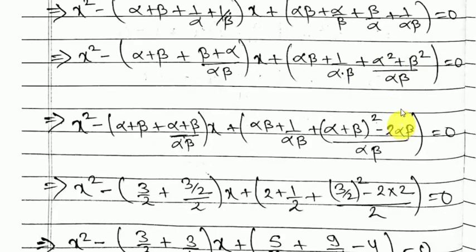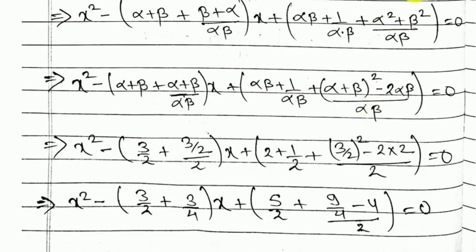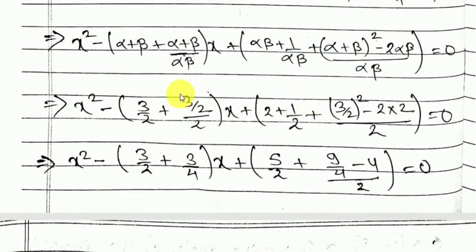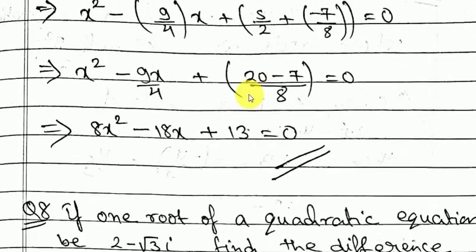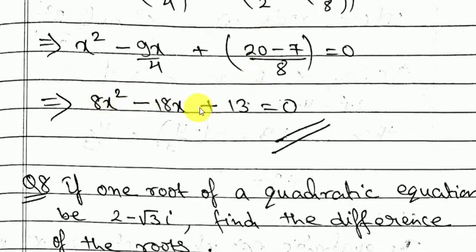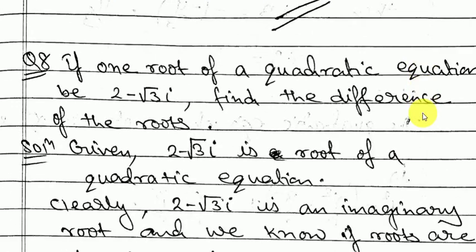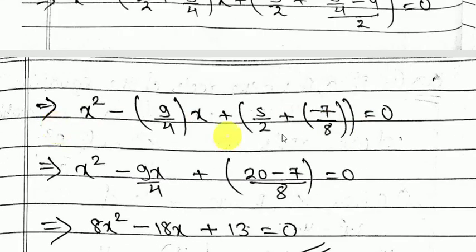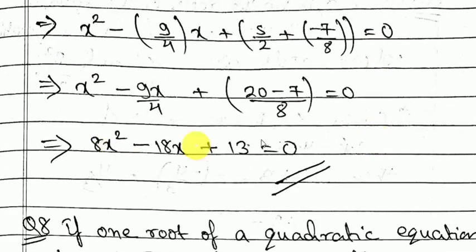We have done this so many times. So we will get alpha plus beta whole square minus 2 alpha beta. Now put the values of alpha plus beta and alpha into beta and simplify it, and you get the answer 8x square minus 18x plus 13 equal to 0. I'm not going step by step, line by line.